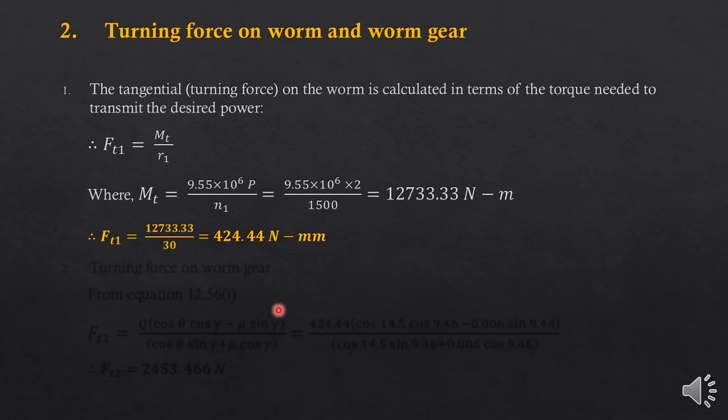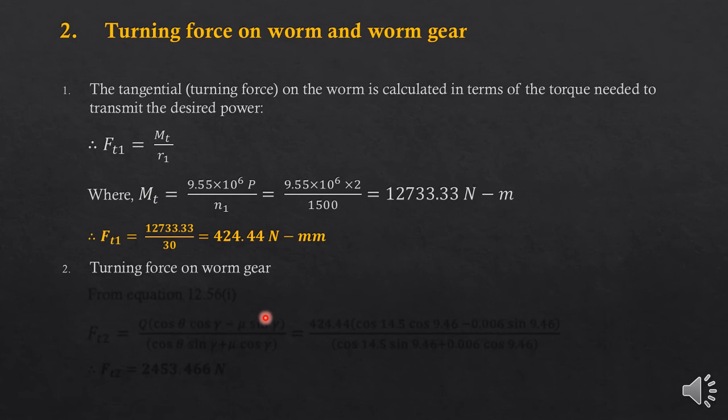Next, we will calculate the turning force on the worm gear. Now, the turning force on the worm gear or the worm wheel is based upon the friction that exists also.